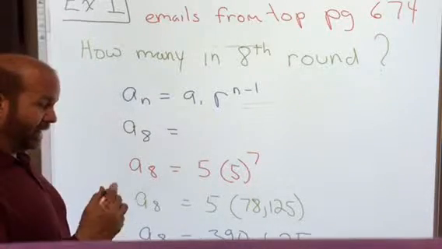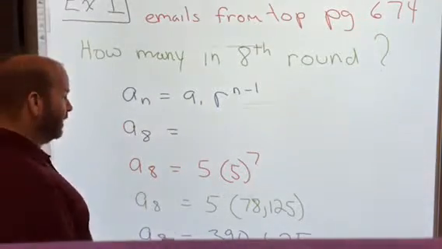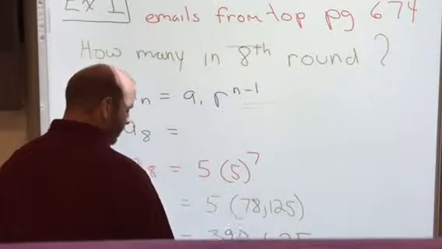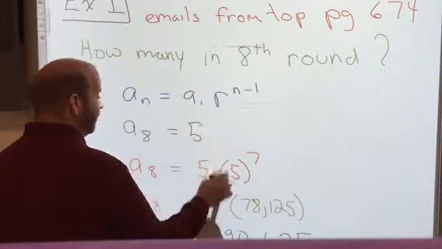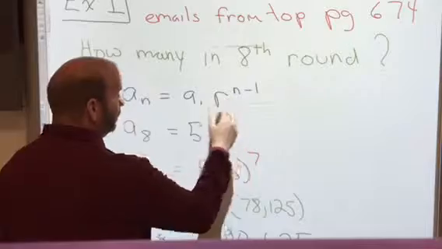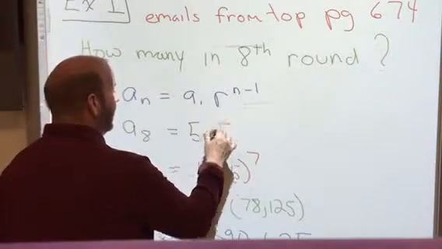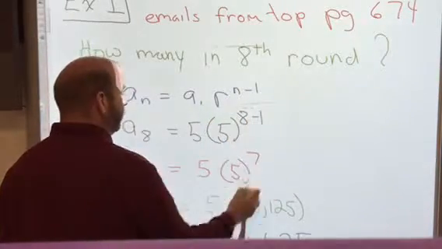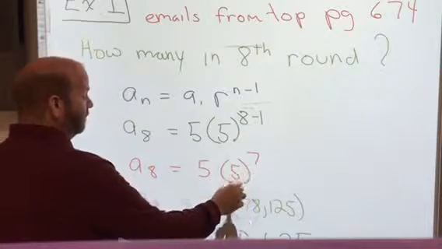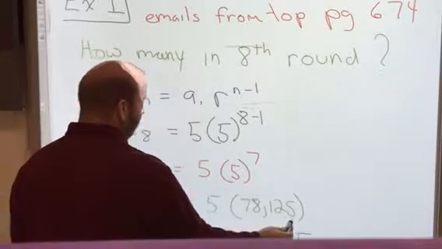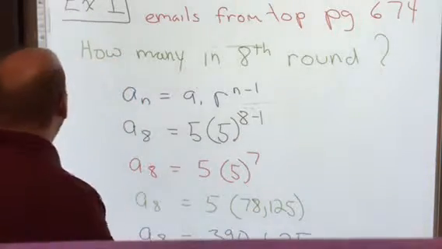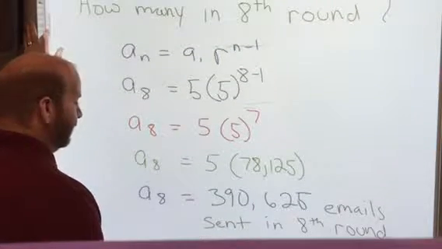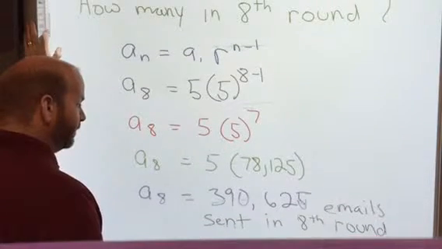The email was sent to 5 different people. So the first term is 5. So what is r? It's times 5. 5 to the 8 minus 1. 8 minus 1 is 7. 5 to the 7th is 78,125. Times 5 is 390,625.